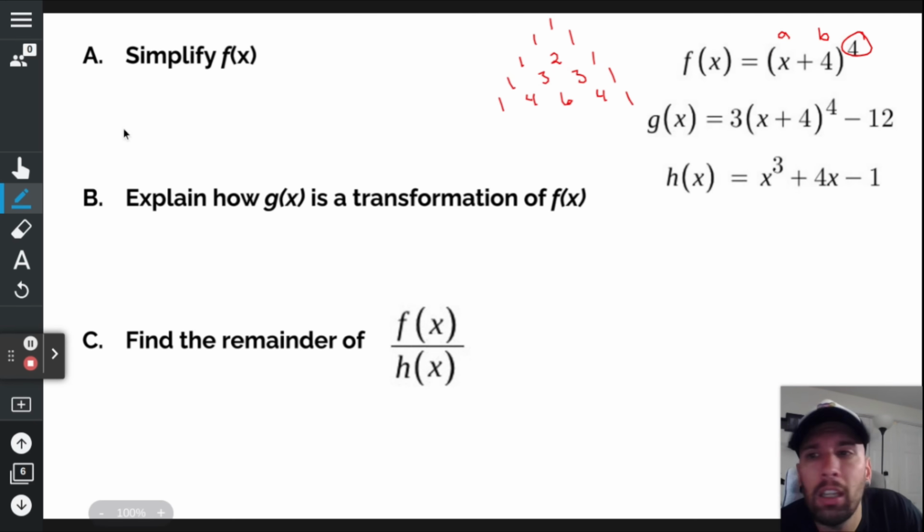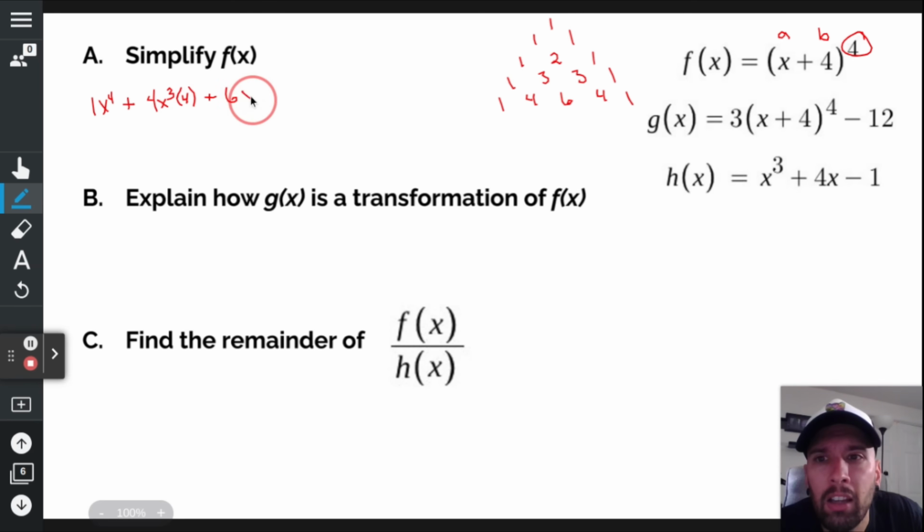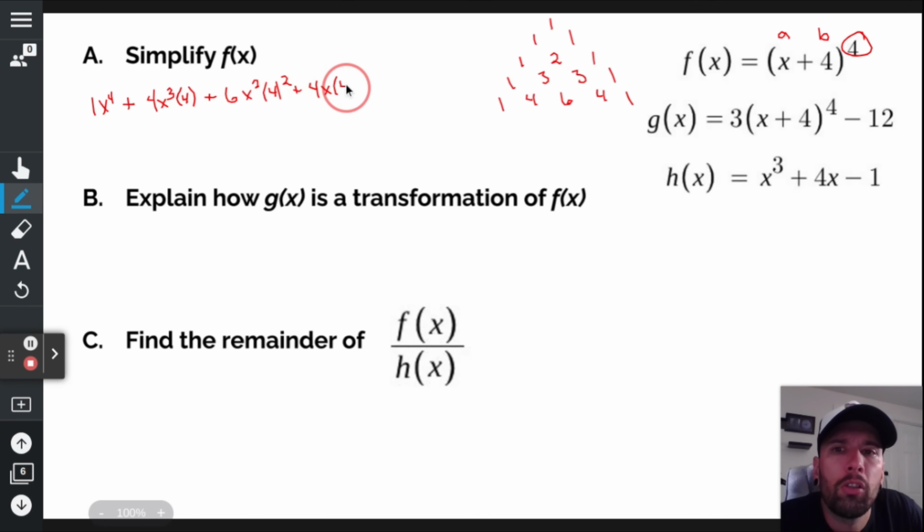1a to the fourth is 1x to the fourth, plus 4a to the third is x to the third, b to the regular is just 4, plus 6 a squared is x squared times 4 squared, a fun game, plus 4 regular a is just x times 4 to the third, plus 1 times 4 to the fourth.